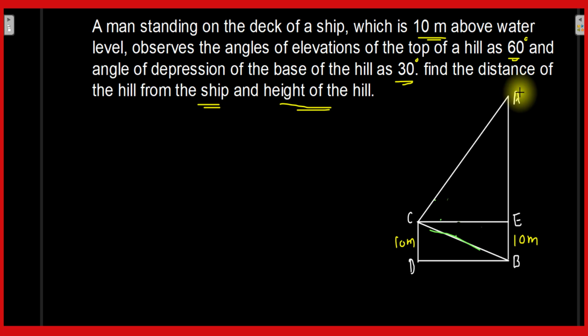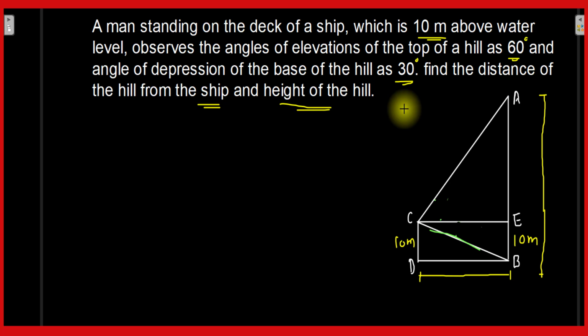We have to find the distance of the hill from the ship, it means we have to find this distance. And the second thing, we have to find the height of the hill. It means we have to find AB also. These two things you have to calculate.